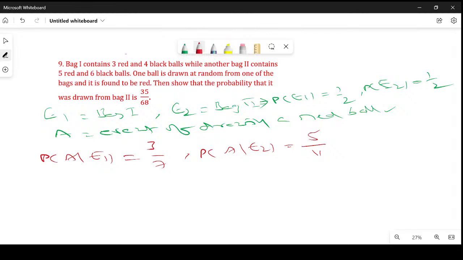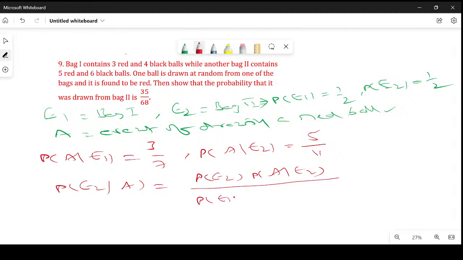So what should we find? We need P of E2 by A. By Bayes theorem, P of E2 by A equals P of E2 into P of A by E2, divided by P of E1 into P of A by E1 plus P of E2 into P of A by E2, by total probability. This is the Bayes theorem. Substitute the values and we get the required answer.